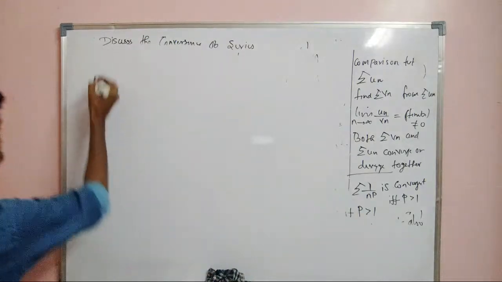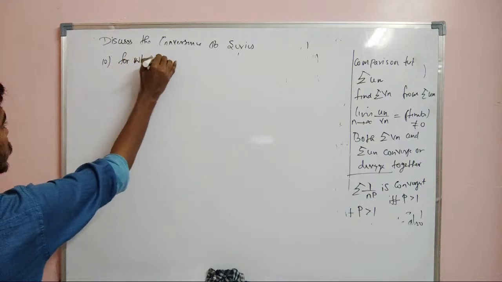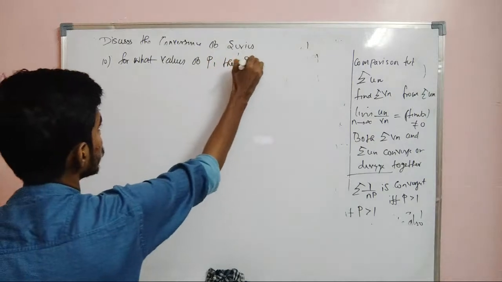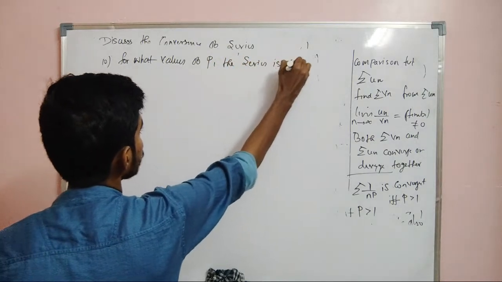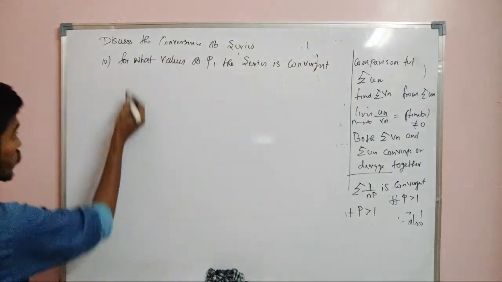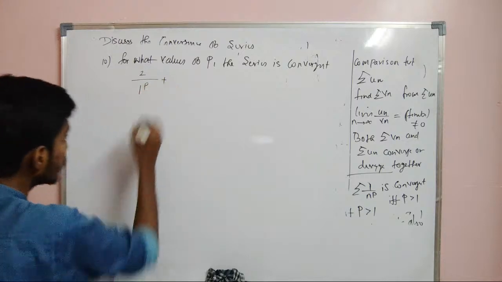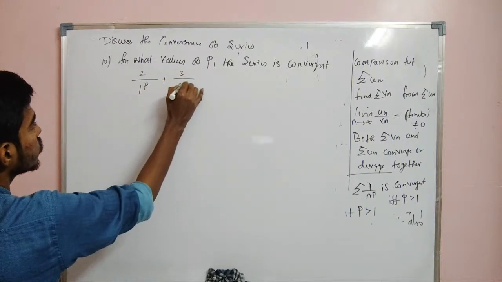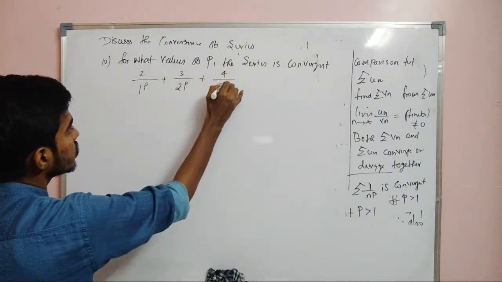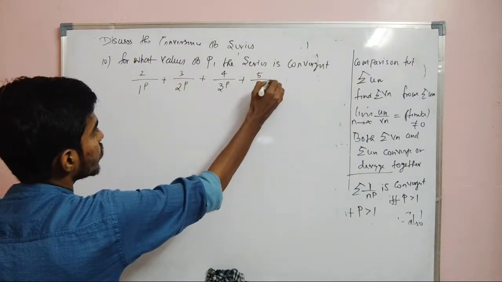Again, for what values of p is the series convergent? The series is 2 by 1 power p plus 3 by 2 power p plus 4 by 3 power p plus 5 by 4 power p and so on.